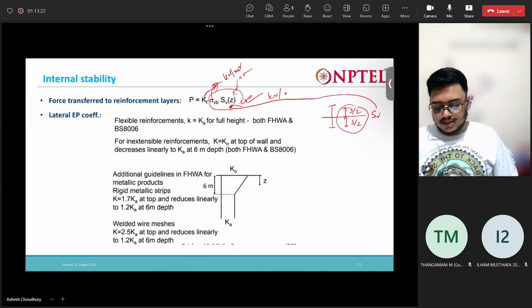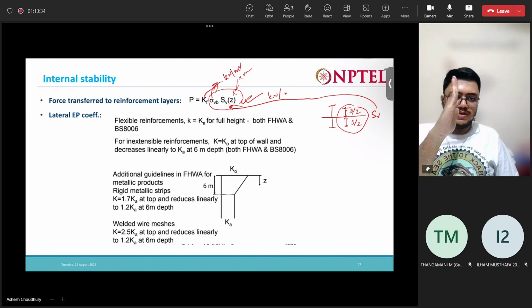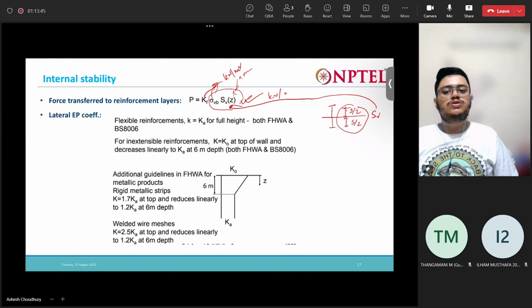Okay, now the next thing is the lateral earth pressure coefficient. Generally, if the structure is flexible, to mobilize the active earth pressure there should be a little deformation in the wall. So if the structure is flexible enough to allow little deformation, in that case we consider this K as Ka.